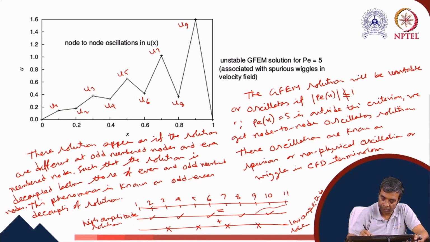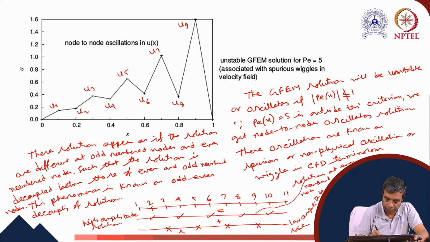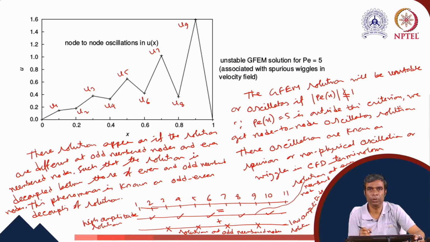So these are solutions at even numbered nodes. And here in the last we have solutions at odd numbered nodes. So when we violate the Peclet number restriction, we get this kind of non-physical or oscillatory solution. But if we use the Peclet number within this range, then we get a physically reasonable solution.